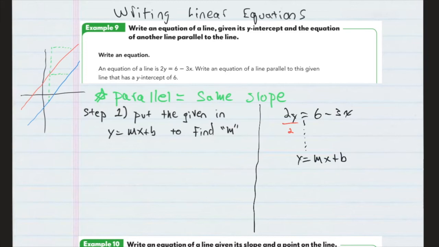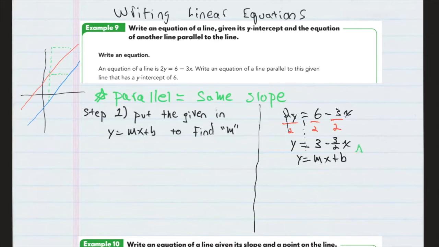Right, so I don't want to do that. What I do is I divide each one individually by 2. These cancel, and you have y equals, so that's a good start. 6 divided by 2 is 3. Negative 3 over 2, and then x.